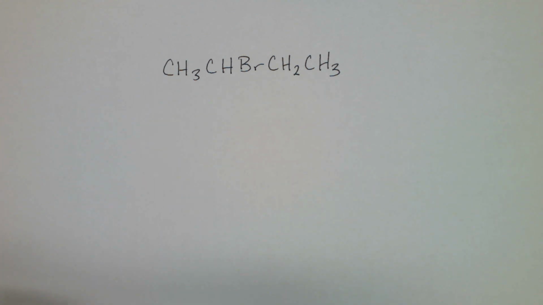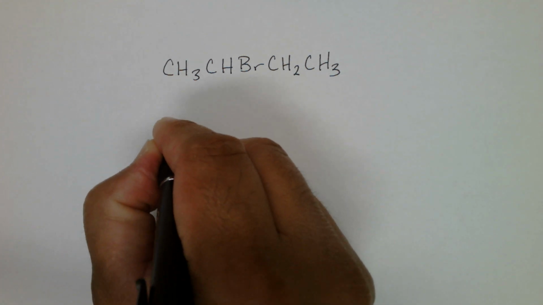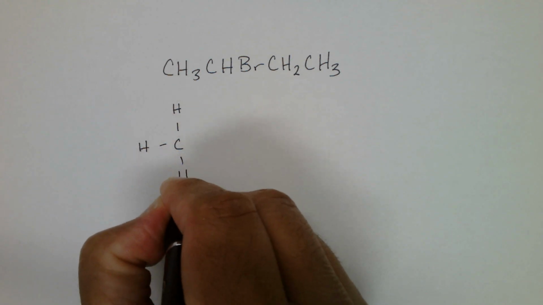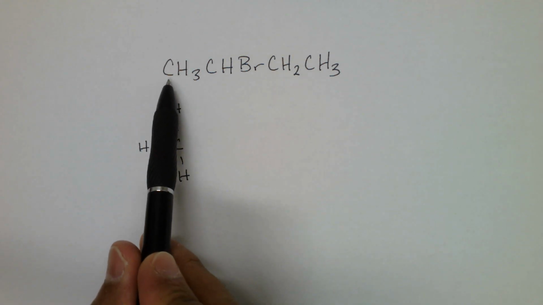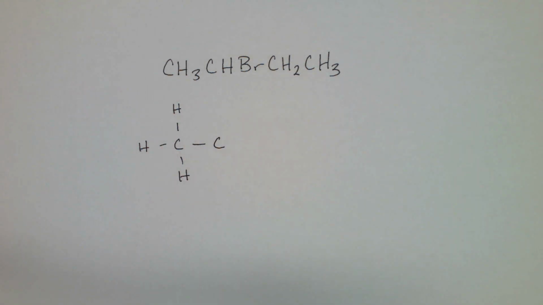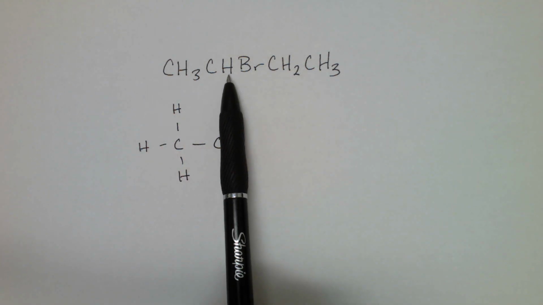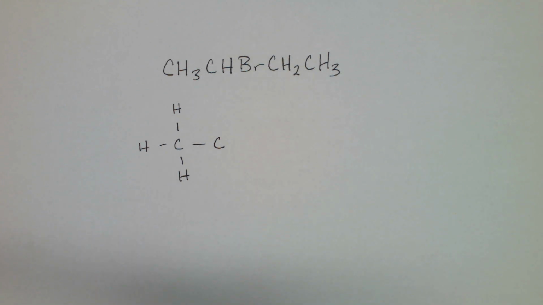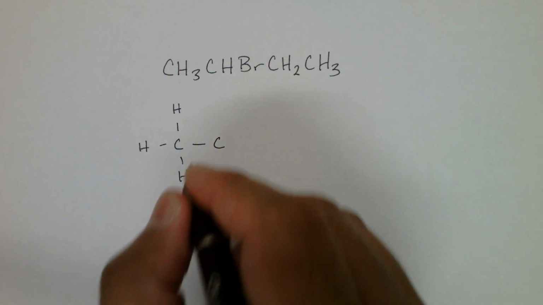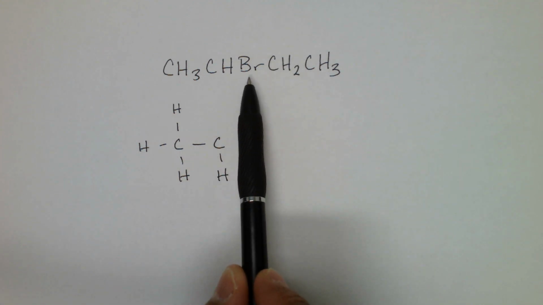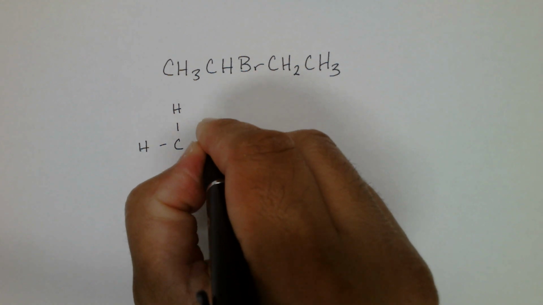And so let's draw the Lewis structure here. We'll start with the CH3 group at the end. This carbon atom is bonded to the second carbon in the chain. And then we have the hydrogen and the bromine. Of course, the common bonding patterns are these hydrogens can only form 1 bond, but also the halogens only form 1 bond.